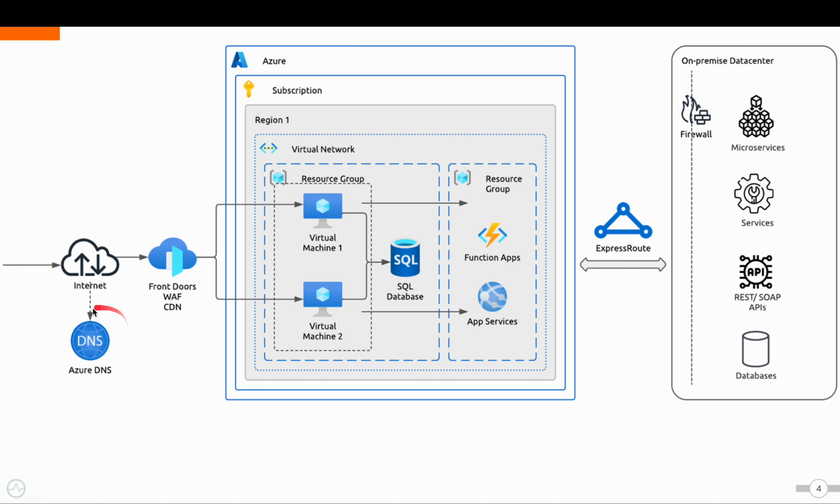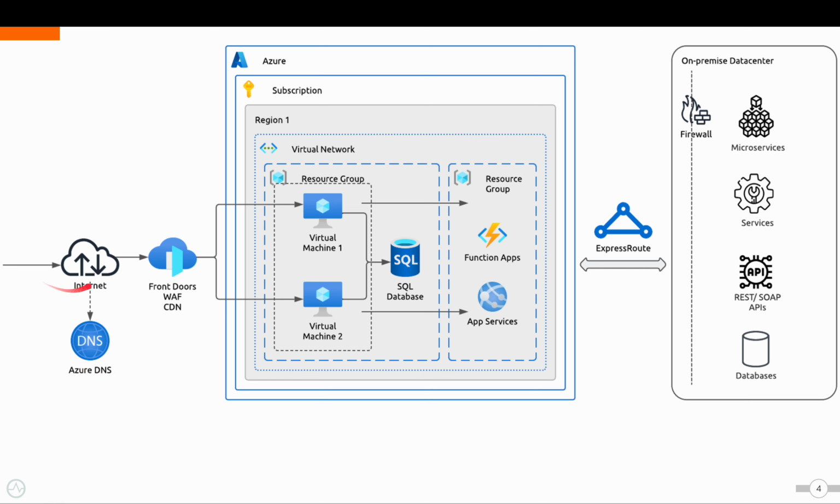And of course, you can also leverage Azure DNS. As you already know, Azure DNS is a hosting service for DNS domains, which provides name resolution. By hosting it in Azure, you can manage your DNS records in the Azure account itself.